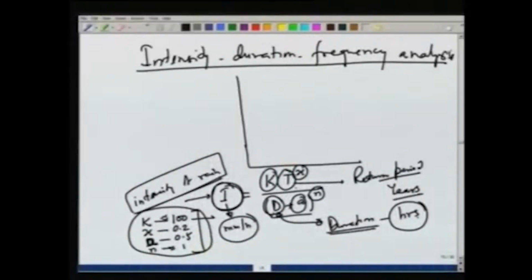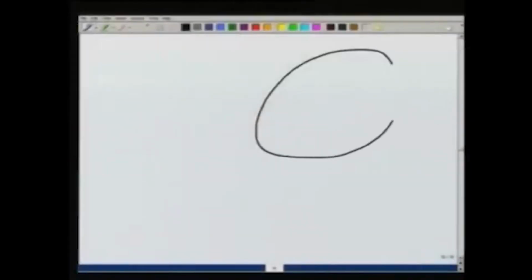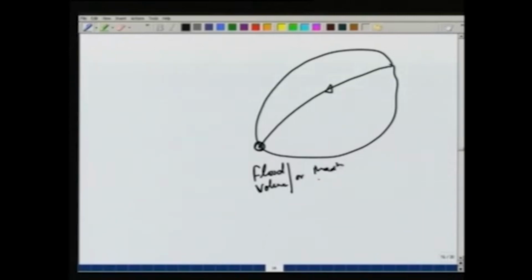For example, if there is some area and we are interested in finding out the flood here, flood volume or maximum flood discharge.